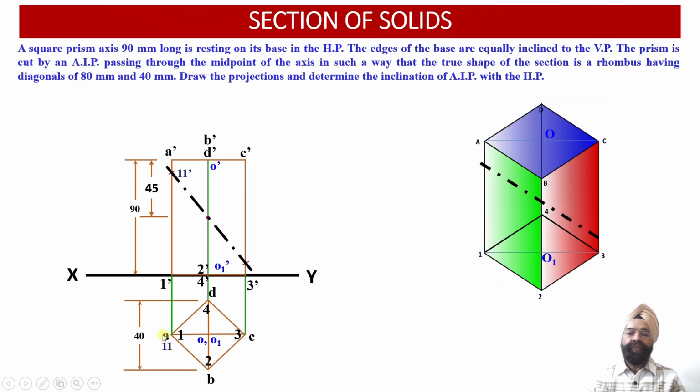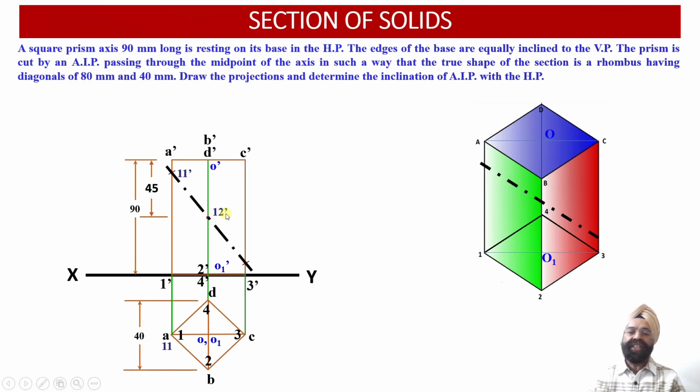So 11, A and 1, these 3 points are going to coincide with each other in the top view projections. So we are going to obtain point 11 alongside the points A and 1 in the top view projections over here. Now the next point of intersection is point 12 dash.